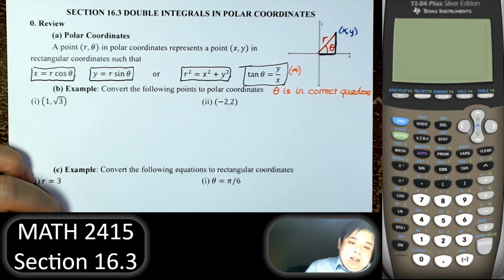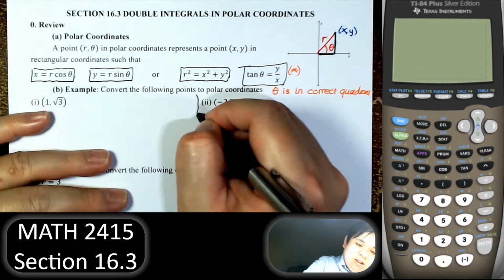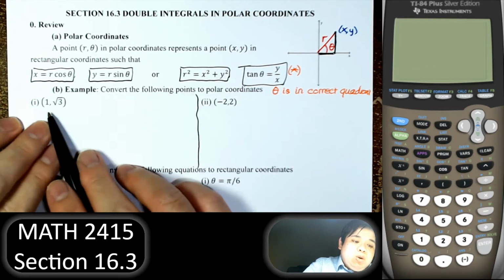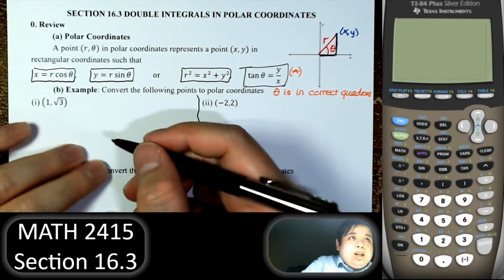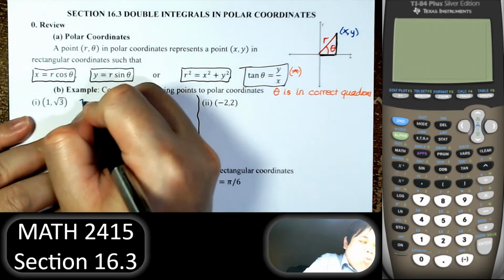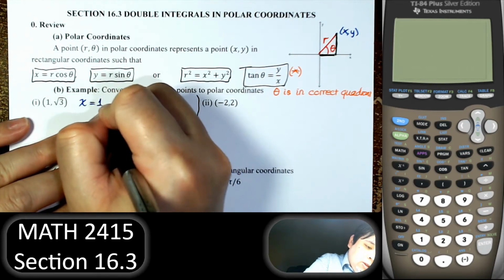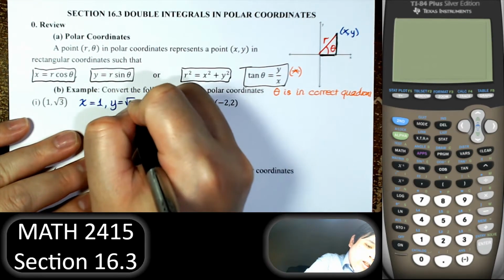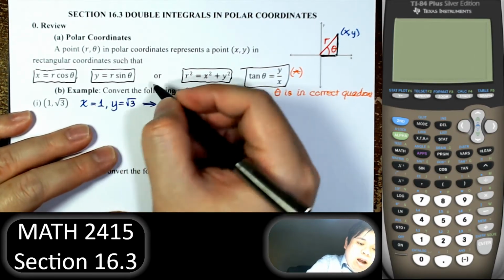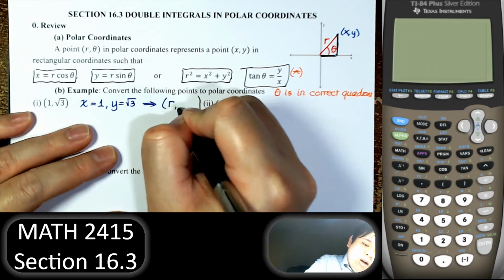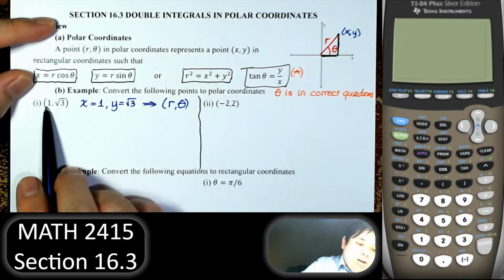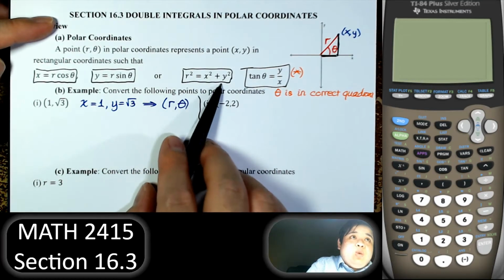We'll see. Right, let's look at the first example. Convert the following points to polar coordinates. So originally we have x and y, and we'll convert that into r and theta. Originally what we have here is x equal to 1, y equal to square root of 3. To find r, r squared equals x squared plus y squared.